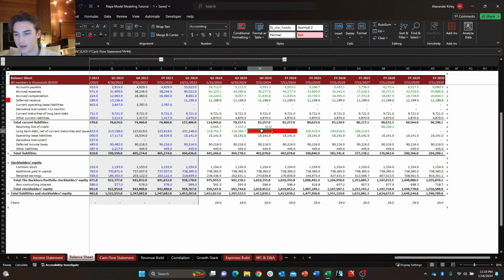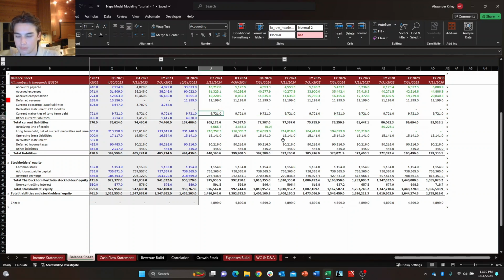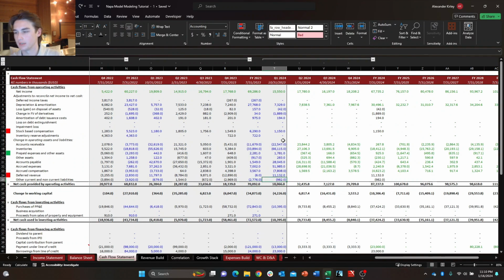So now that we finished that, let's clean up a few things that we wanted to touch on earlier, such as our other current liabilities. So right now we have this straight line, which is fine. However, what we really should do is model this out. However, we see that there's a difference in other current and non-current liabilities. They combine into one.